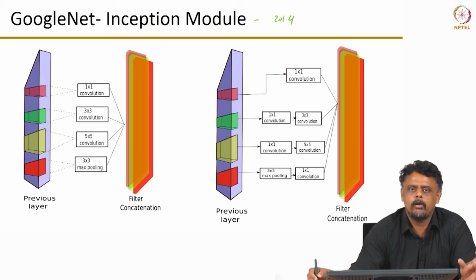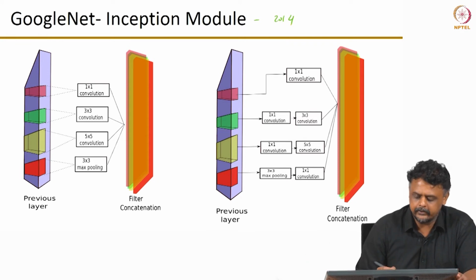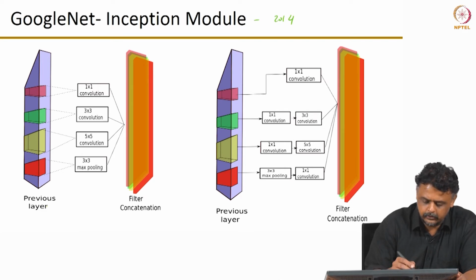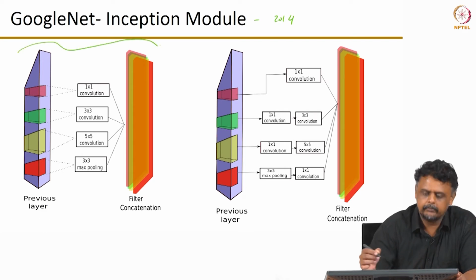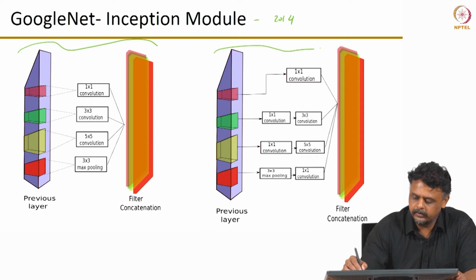So they built a convolution block which had multiple filter sizes, and they let the backprop, the learning through which the network learns, decide which weights to update based on your objective function. So let us just quickly look at this Inception module. There are two images. This here is what the authors of the GoogleNet paper call the naive implementation, and this is the actual implementation that they have followed.